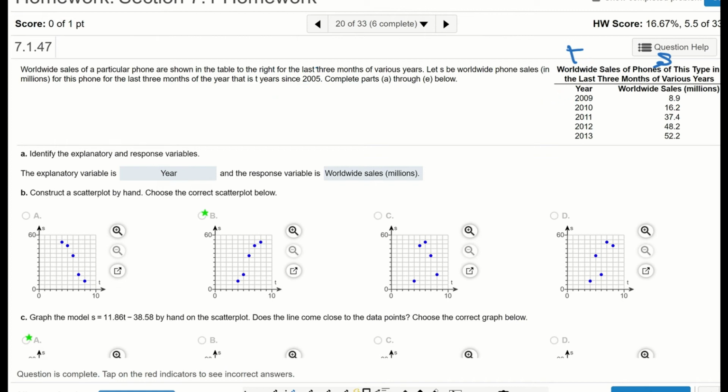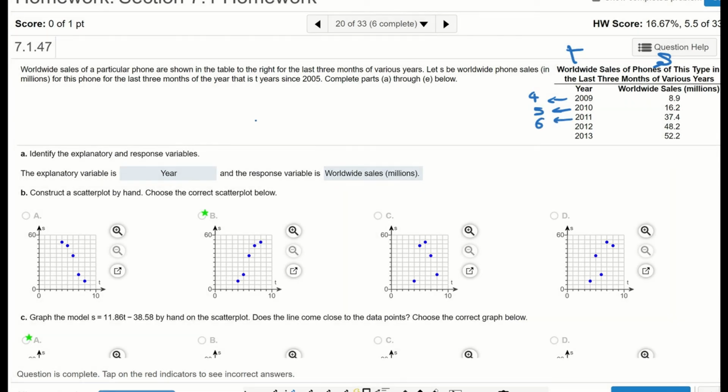You're going to calculate that as a year since 2005. So for 2009, you actually subtract 2005 and you get T equals 4, etc. So for 2010, it'll be 2010 minus 2005 is 5. For 2011, it'll be 6, etc.